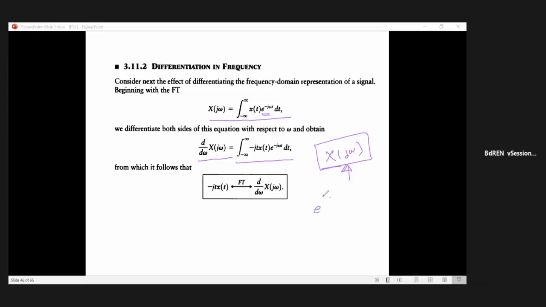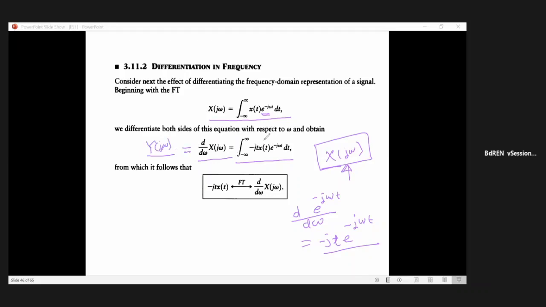The derivative of e to the power minus j omega t with respect to omega is equal to minus jt e to the power minus j omega t, isn't it? Differentiation with respect to omega. Okay. Then what is happening? This can be thought of as another function of omega.